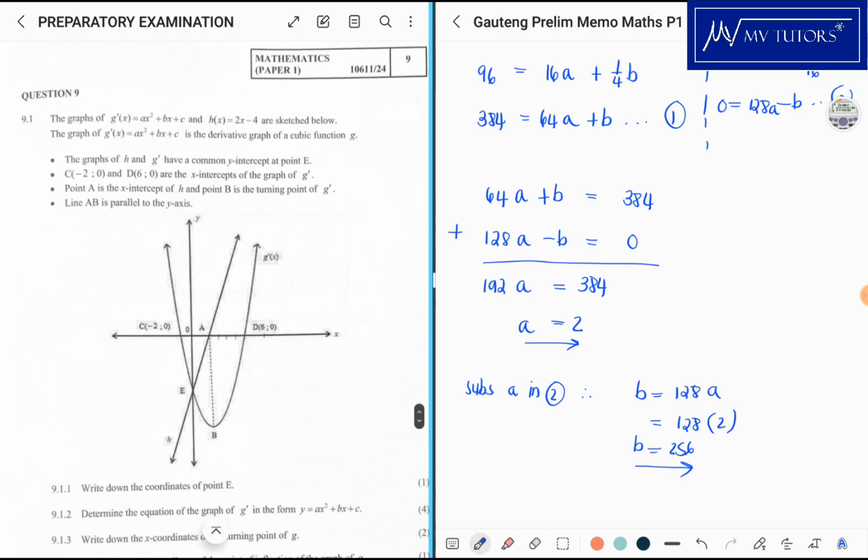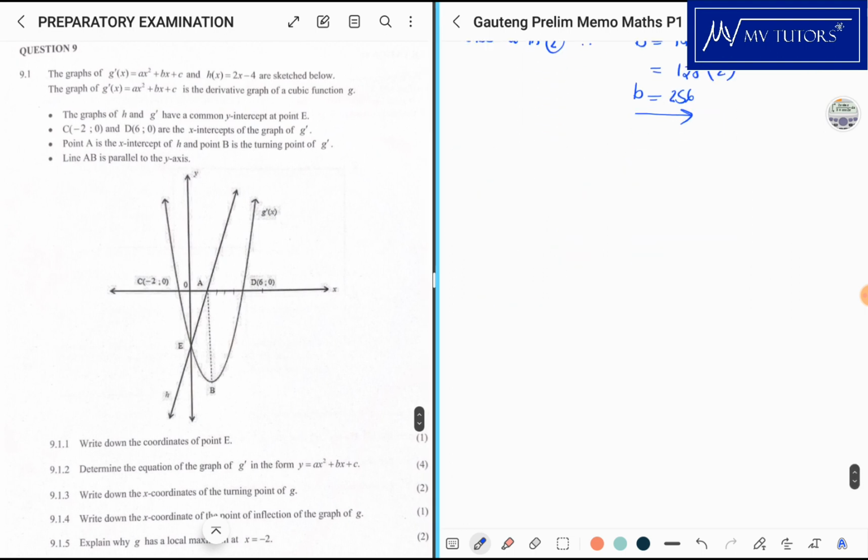Let us go to question 9. It says the graphs of the derivative of g. So we went from a cubic function all the way to a quadratic function. And there's also a straight line, which is h of x, and they are sketched below. The graph of g prime is a derivative graph of the cubic function.